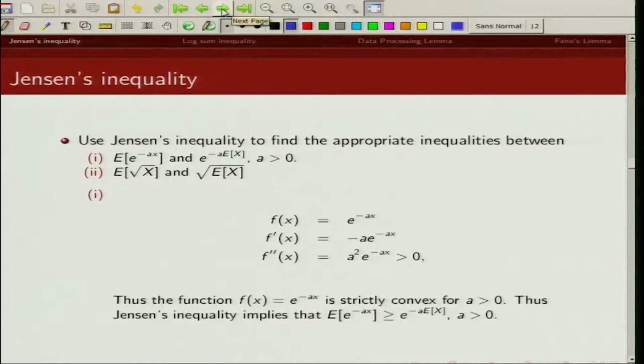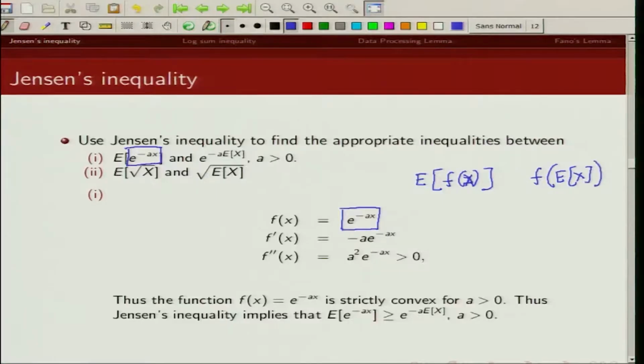So in the first case this function is given by this. We want to find out whether the function is concave or convex, and depending on that, we can find the relationship between the expected value of the function and the function evaluated at the expected value.